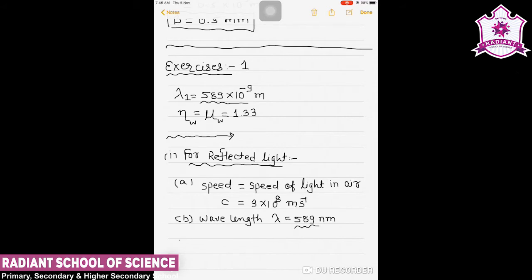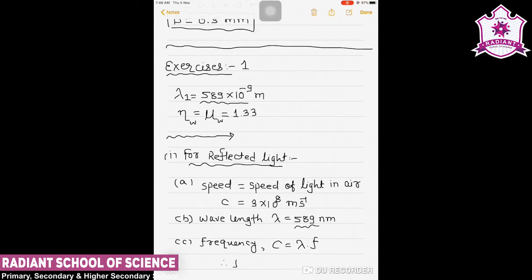And now for the frequency, we can see that c is equal to lambda into frequency f.